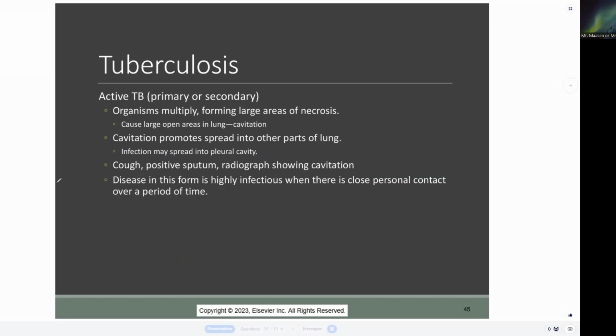Again, so TB, when it's active and not in a latent state, has multiple areas of necrosis, multiple tubercles. Because it collapses the alveoli, typically it can promote spread to other parts of the cavity. The x-ray is going to show these tubercle areas, these calcified necrotic alveoli. So highly infectious, through personal contact.